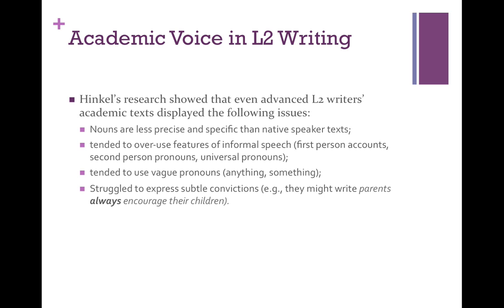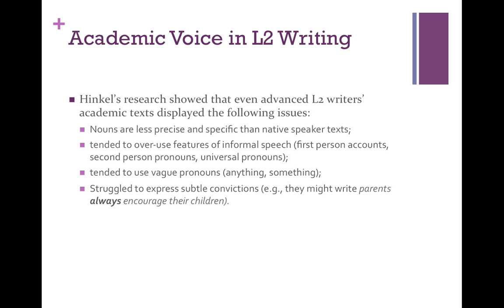But she says things like the nouns that they tend to use are less precise and specific. So they're using more general terms or more common nouns. Overusing features of informal speech. Using vague pronouns like anything or something. And having a hard time expressing subtleties in their convictions.